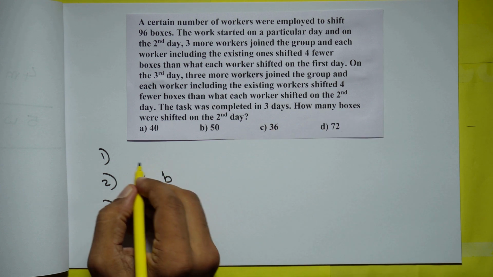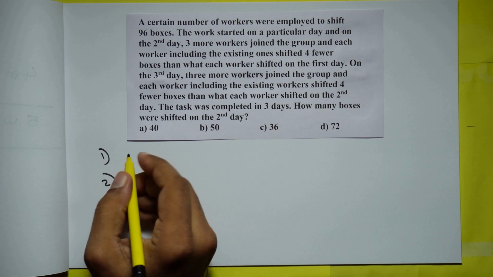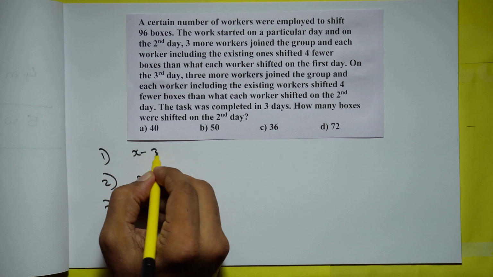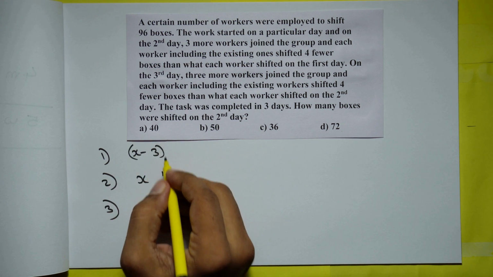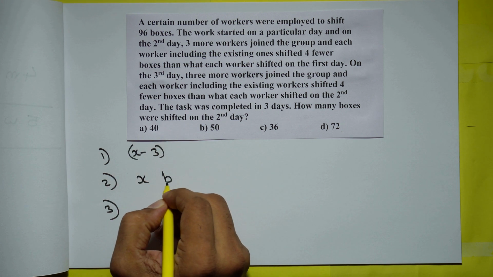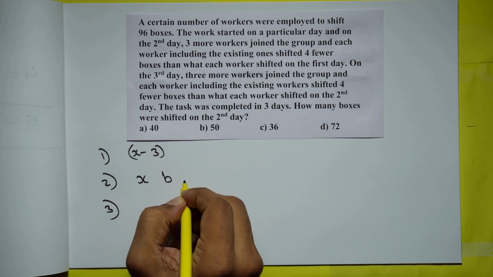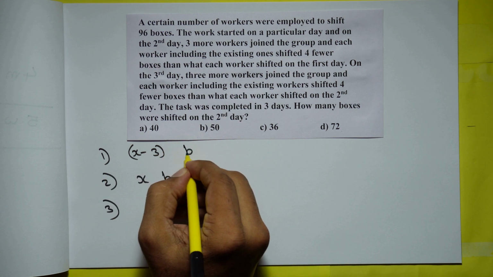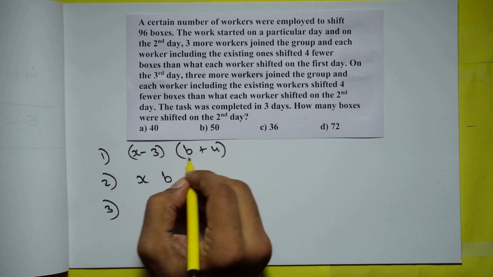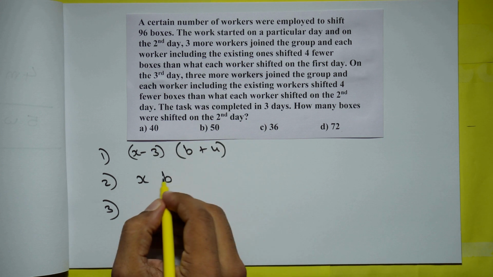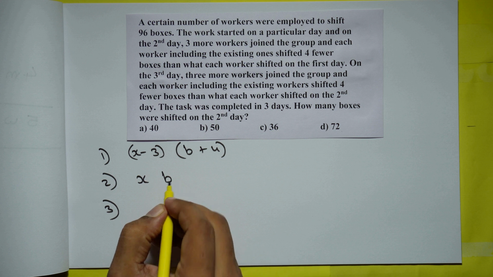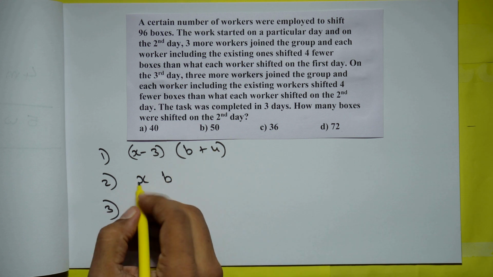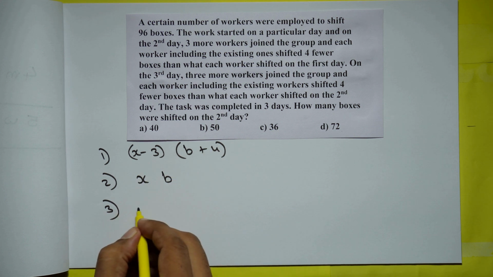Now every day 3 people were added. So on the first day there should have been X minus 3 people. And on each succeeding day, each worker shifted 4 boxes less, which means on the first day, each of them shifted B plus 4 boxes. So on the second day, only B boxes were shifted. That is 4 less.